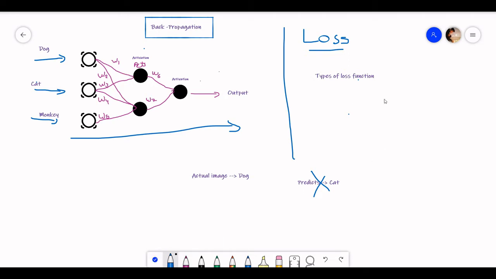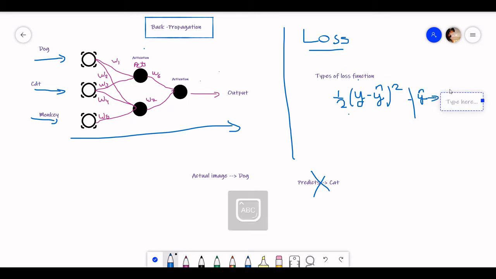So let's suppose the loss function formula we have is 1 by 2 (y minus y hat) whole square. Y hat is nothing but our predicted value.